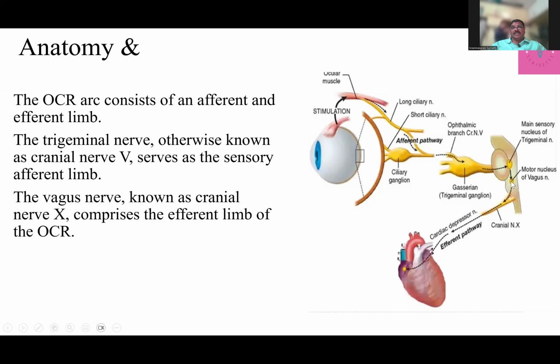It is very near to the vagus, so whenever you stimulate the trigeminal nucleus, it automatically stimulates the vagus nerve, which affects the heart. The trigeminal nerve, cranial nerve 5, serves as the afferent limb. The vagus nerve, cranial nerve 10, comprises the efferent limb.